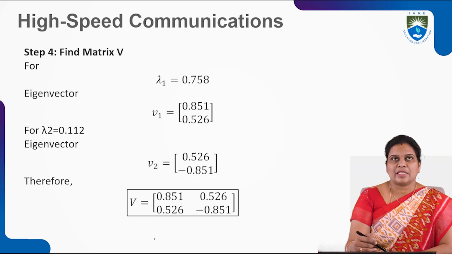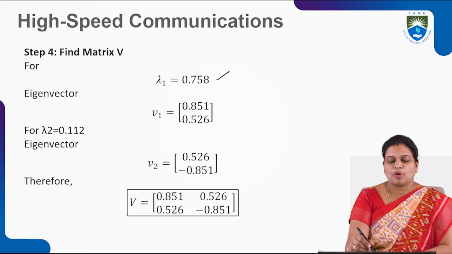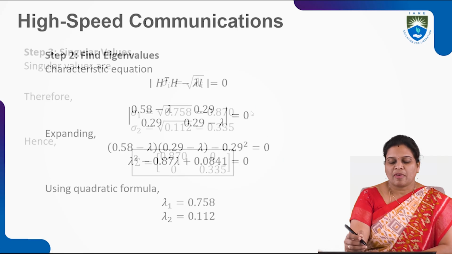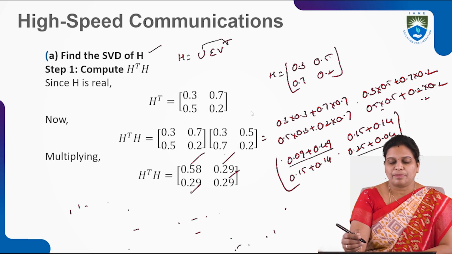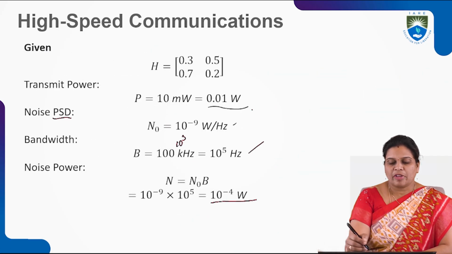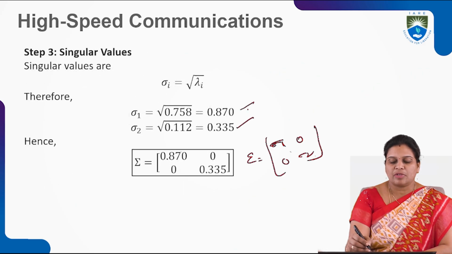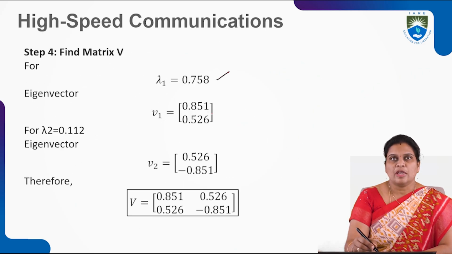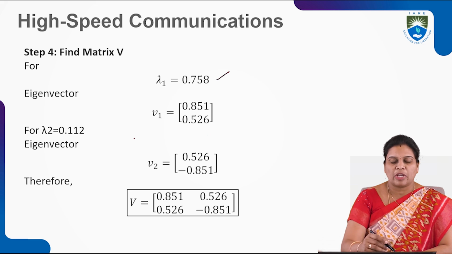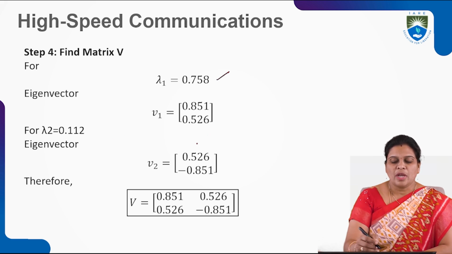Next, we'll find matrix V. Lambda 1 equal to 0.75. Now finding the eigenvectors, V1 equal to 0.81 by... where is the 0.81? So V equal to 0.81 by 0.52 square. Now for lambda 2, again V2 equal to 0.526 by minus 0.851.